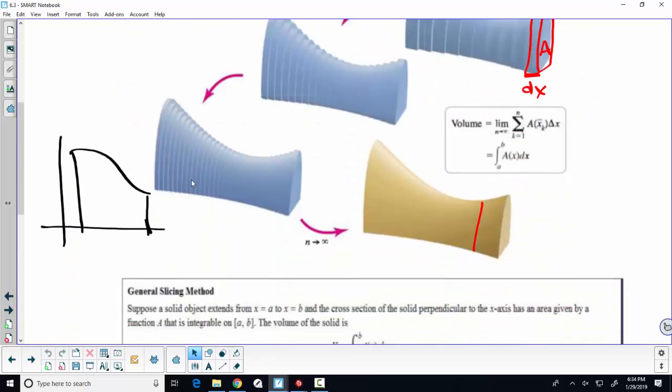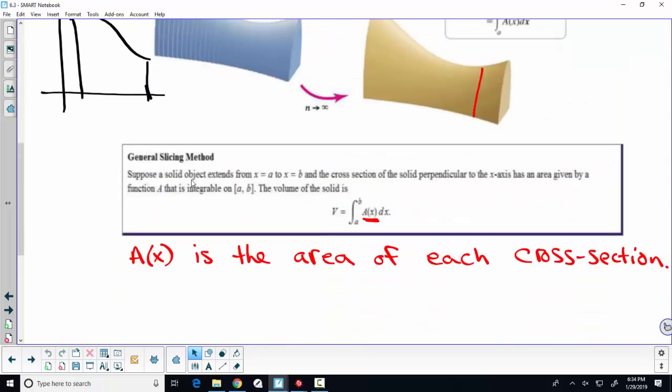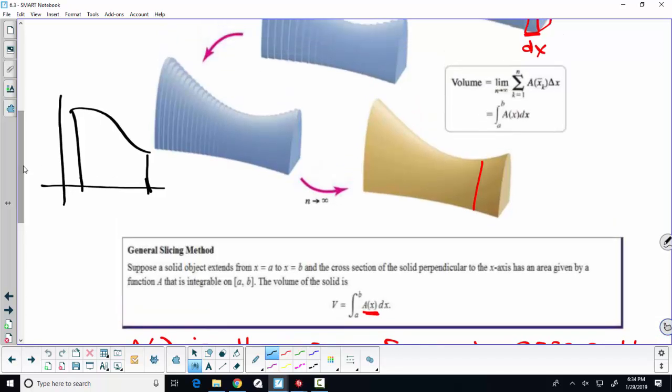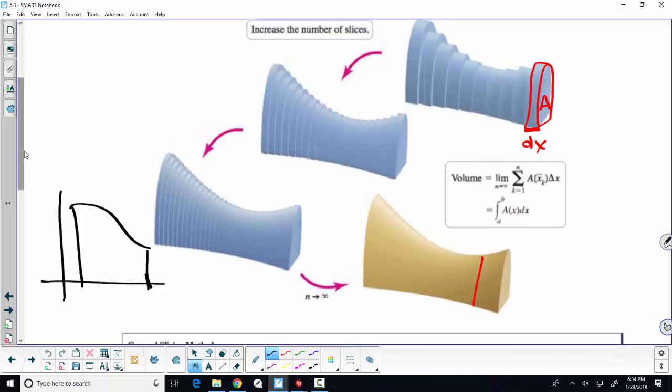Okay, so where did we leave off? We left off talking about volume. How do we find the volume of a region that's bound by a curve or two curves? Particularly, what we pointed out was that volume in general, if we look at the area extended along a length, we find the volume.